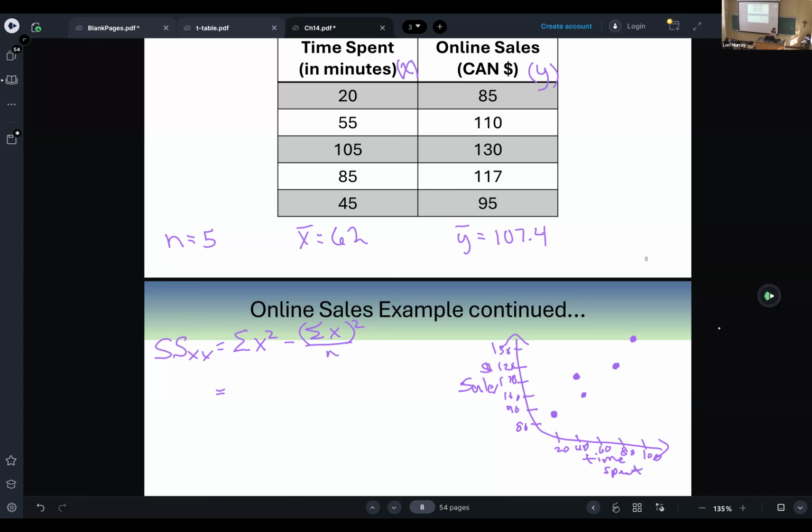So we take all of the X's, so what you're going to put here is 20 squared added to 55 squared plus 105 squared. That's the first part, the sum of all the X's squared. So you take each one and square them. And you should get, that's what I get.